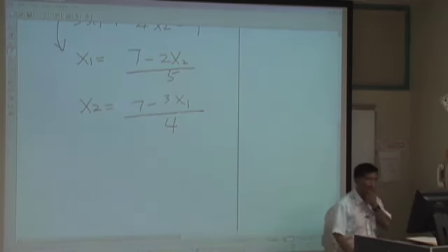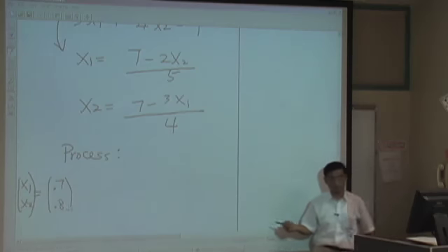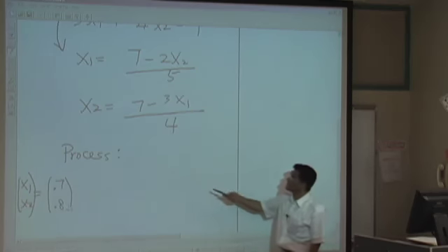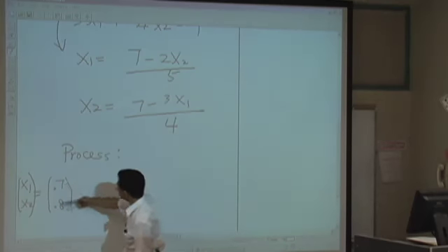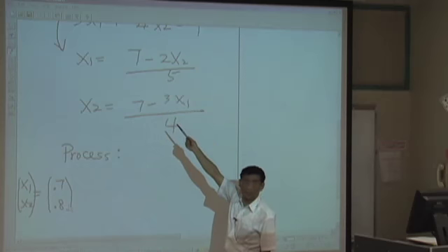Then let's do it. We want to solve it. But then what is the process? The process is this. We initially guess x1 and x2, right? So x1, x2 happen to be our guess. Let's say about 0.7 and 0.8. So I guess the solution. Because of our guess, this guess goes into it to calculate x1. Do you follow me?